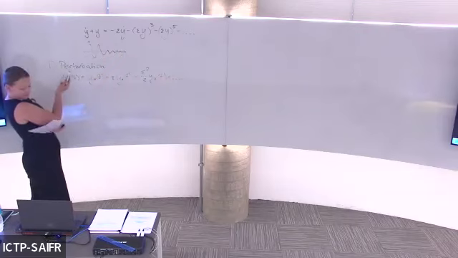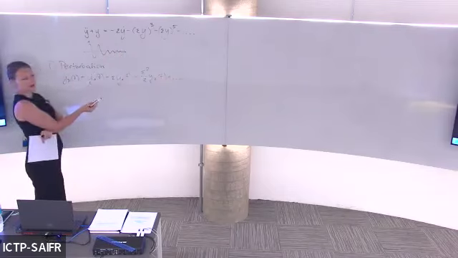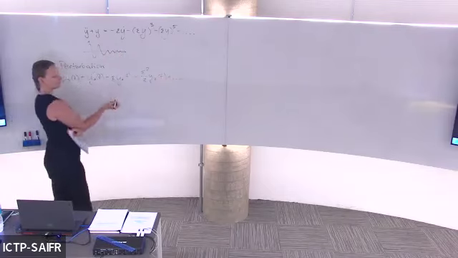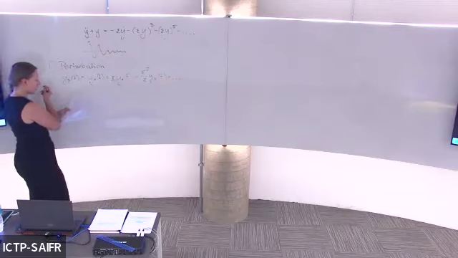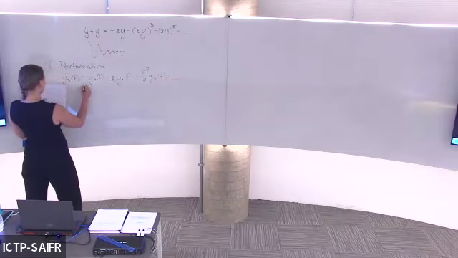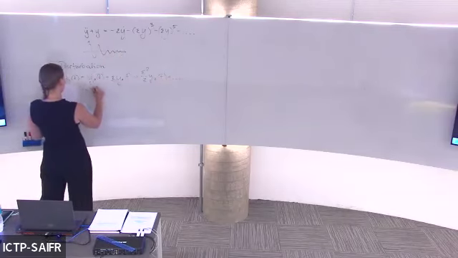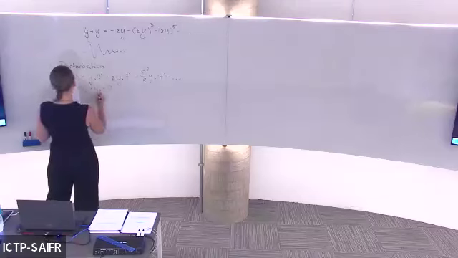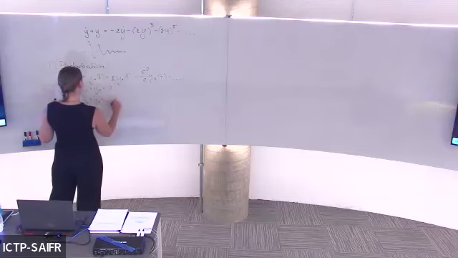And then after plugging it in and comparing order by order in my small parameter epsilon, what do I have? I get some tower of differential equations I need to solve. Let's say they're not particularly difficult to solve.